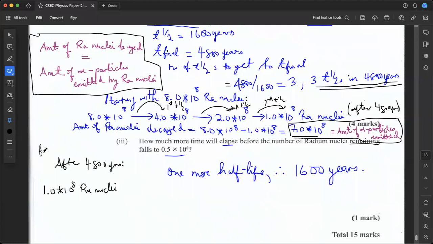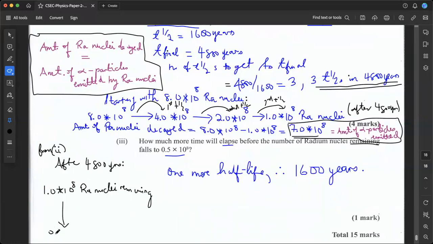So from part 2, after 4,800 years, we had 1.0 times 10 to the 8 radium nuclei remaining. We know that. They're asking, how long is it going to take to get to 0.5 times 10 to the 8? What you realize is that that's literally half of what we had remaining after 4,800 years.